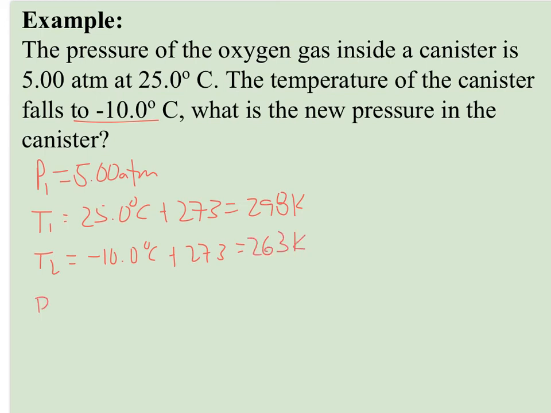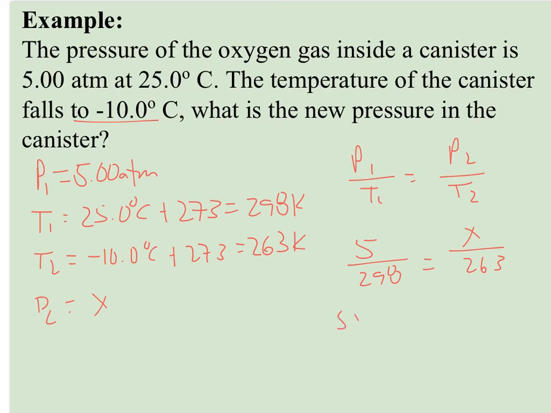What's the new pressure? So again, I've got P1 over T1 has to be equal to P2 over T2. As I plug in, I started at 5 atmospheres over 298, and my temperature fell. So because it's a direct relationship, I would expect my pressure to fall also.